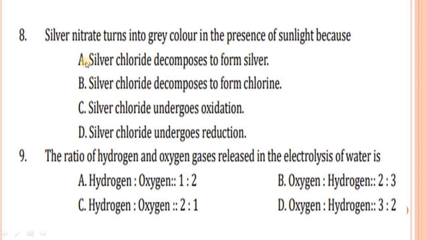If you see A and B, both answers seem correct, but if you keenly observe the question, it is given that it turns into grey color. So when silver chloride decomposes to form silver, this silver is responsible for the grey color. That's why option A will be the correct one.